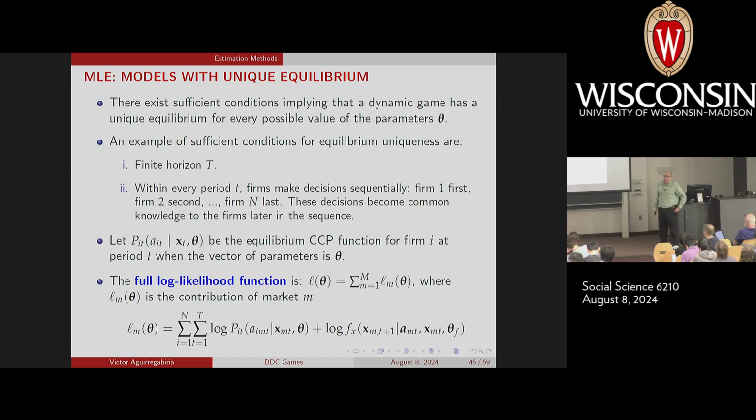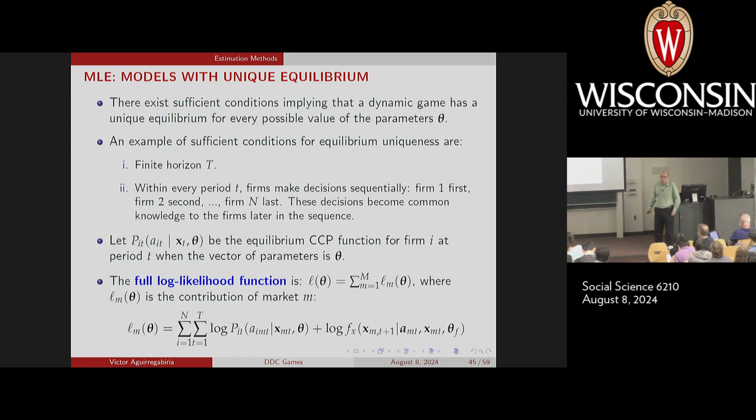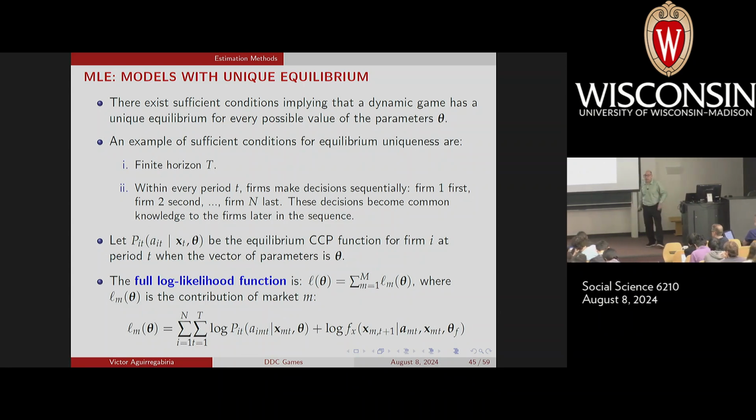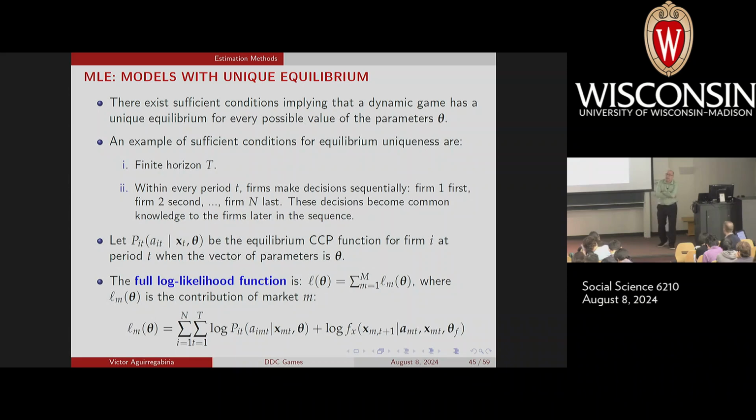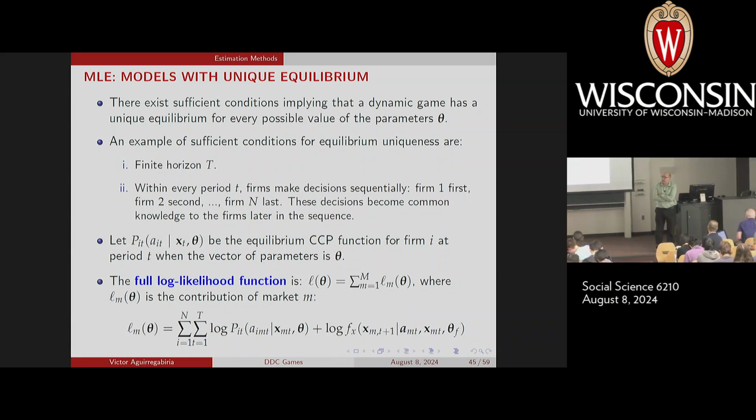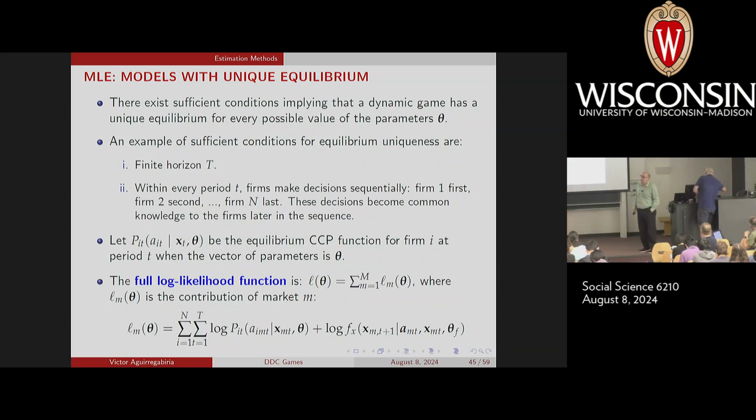Of course, having a unique equilibrium in this type of models is very convenient, both for estimation and especially for counterfactuals. Once we have estimated our model and we do counterfactuals, if we have a unique equilibrium for every possible value of the structural parameters, counterfactuals are going to be very straightforward to implement, similar to counterfactuals in single-agent models.